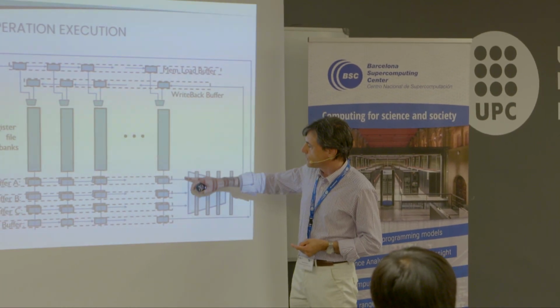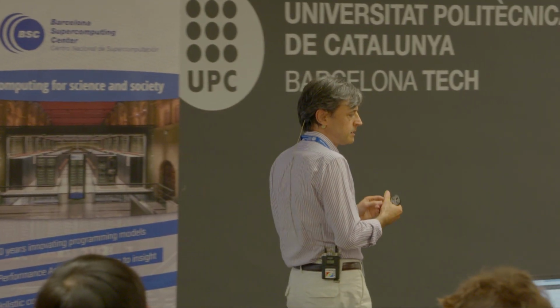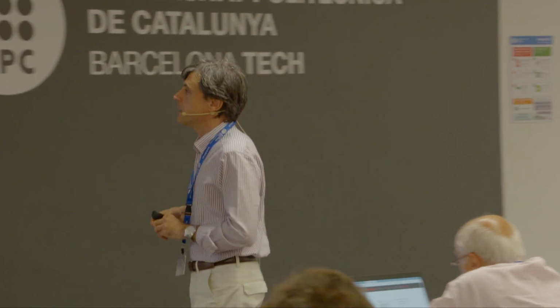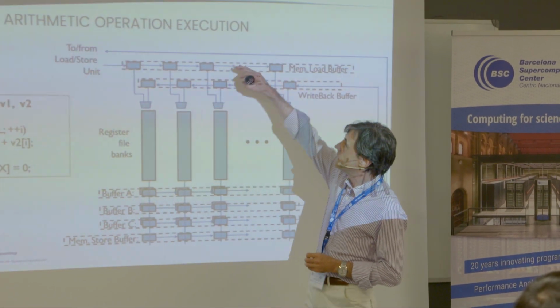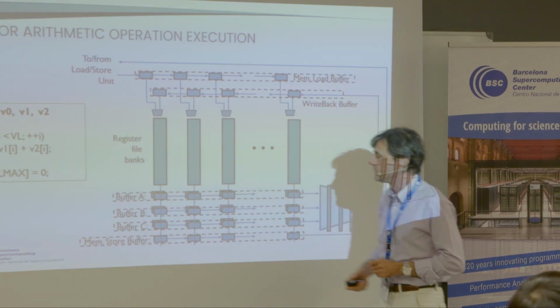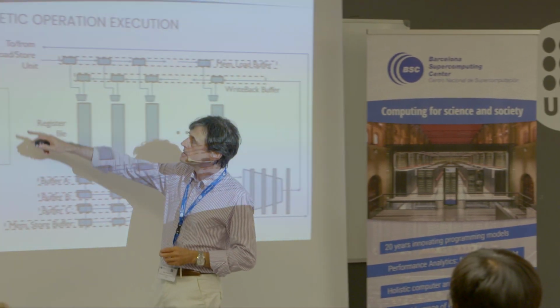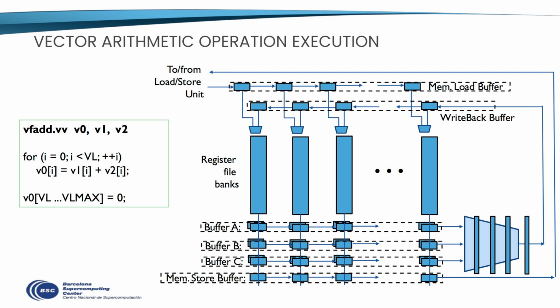That's the reason why there are 3. In case you have fused multiply-add, you do A times B plus C. So you have 3 operands. Then you have a write-back buffer here on the top, and you have a load buffer and store buffer. We can take a look at how an instruction like this is executed on this scheme. By the way, this is very close to the Cray-style supercomputer architecture that some of you may have studied.